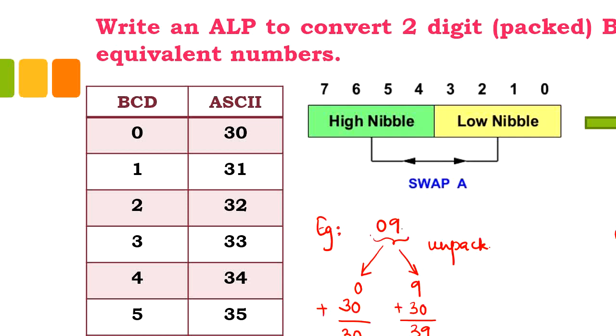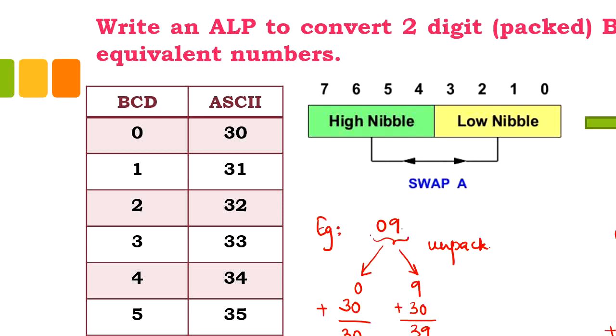When I say unpack, it basically means you separately consider the lower nibble and the upper nibble. So this will be 3, this will be 5, and then I add 30 to each. This will be 33, this will be 35. So this is how you convert a 2-digit packed BCD number into ASCII.